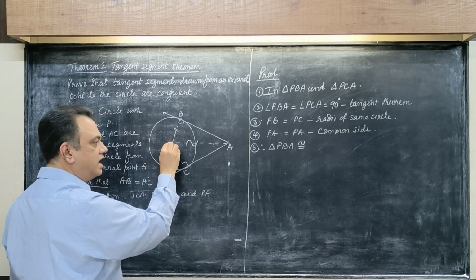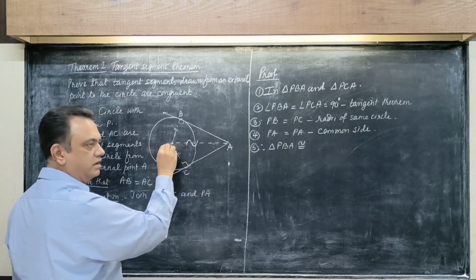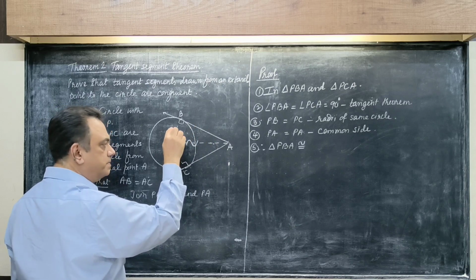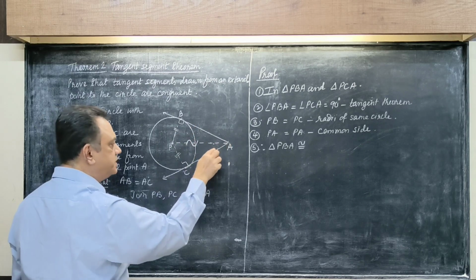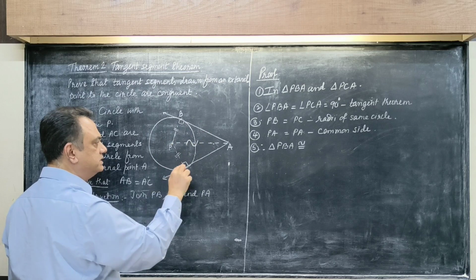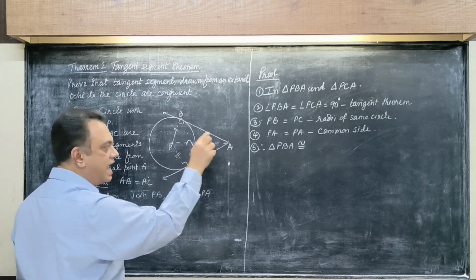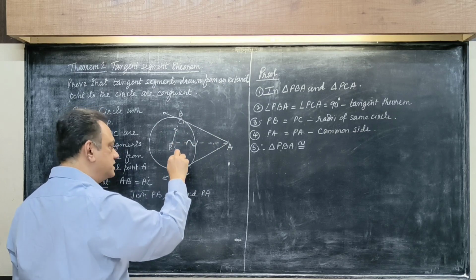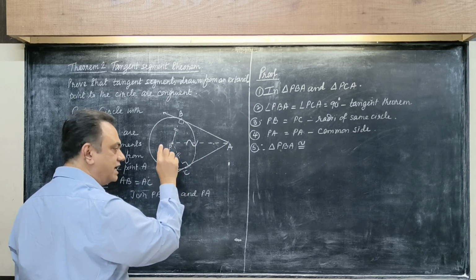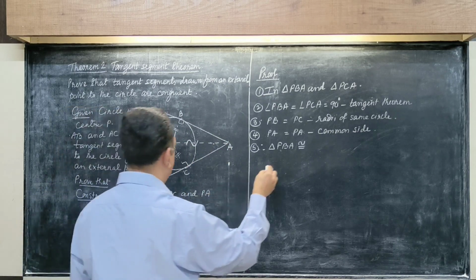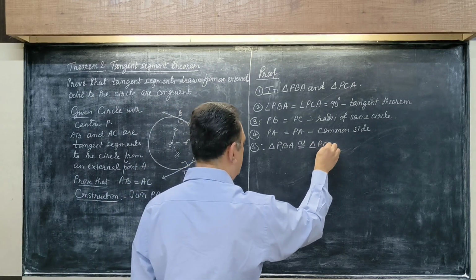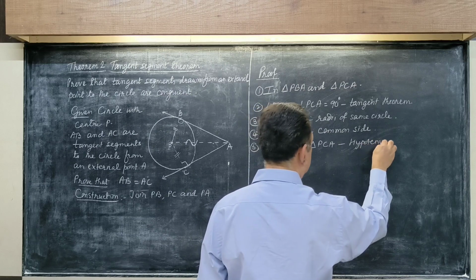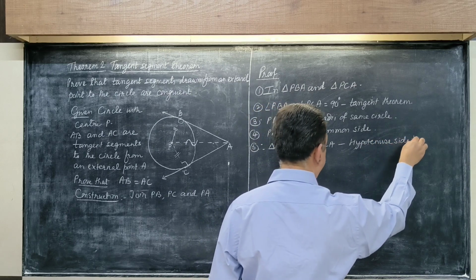You cannot name it as PCA. But as we have named this as triangle PBA, as per one-to-one correspondence, as per the marking, triangle PCA by hypotenuse side test.